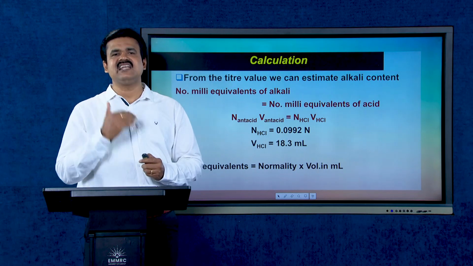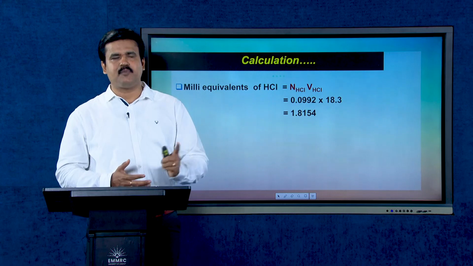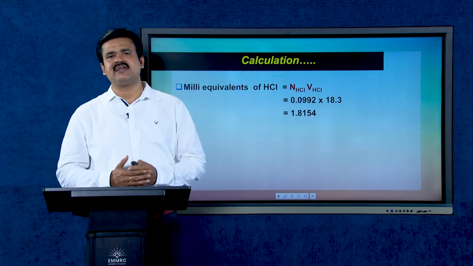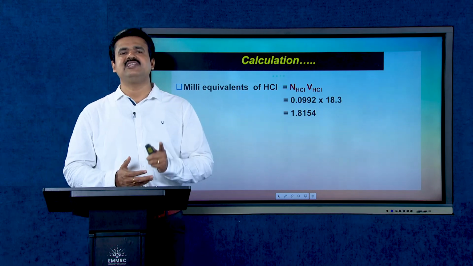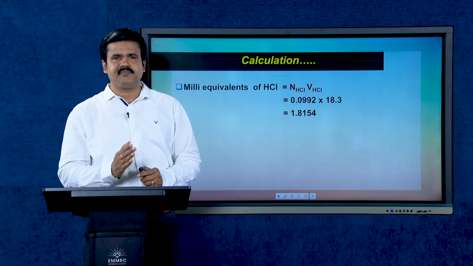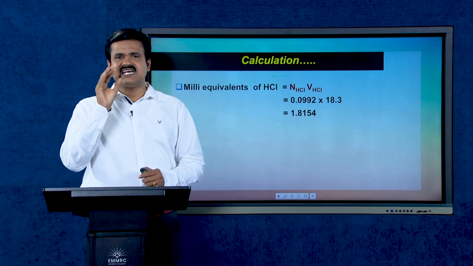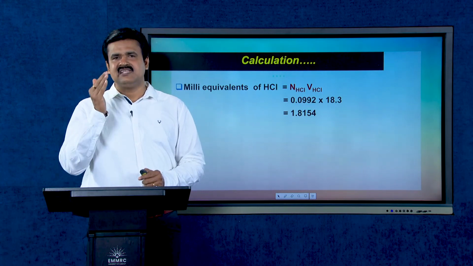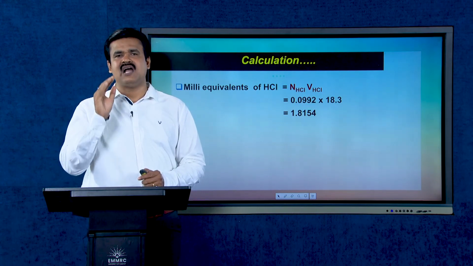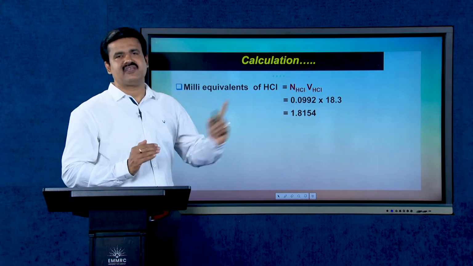So, N HCl into V HCl will be equal to 0.0992 multiplied with 18.3, that is equal to 1.8154. That is milli-equivalence of HCl which is required to neutralize alkali content in the taken volume of antacid will be equal to 1.8154.